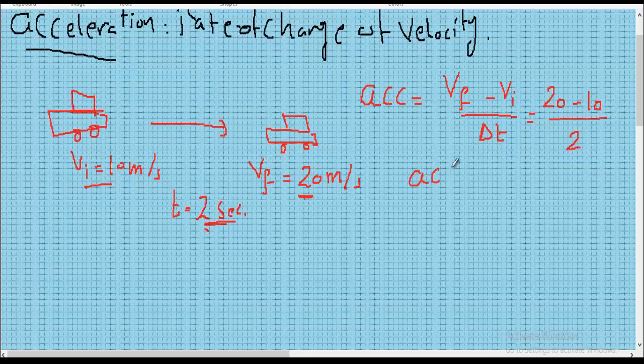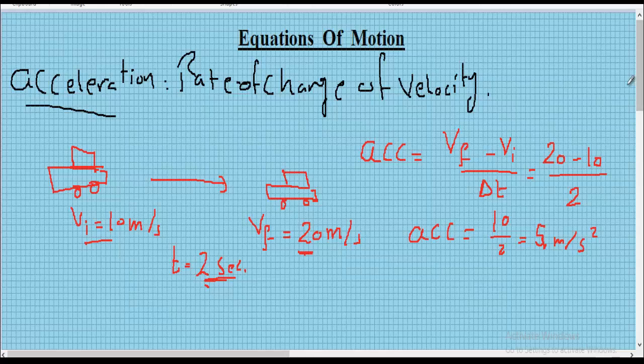So acceleration here will be 20 minus 10 equals 10 over 2 equals 5 meters per second squared.